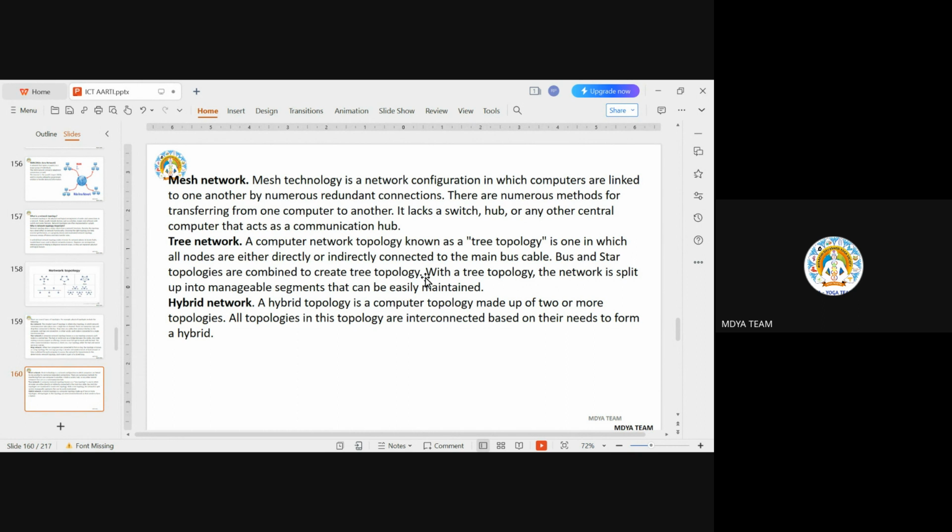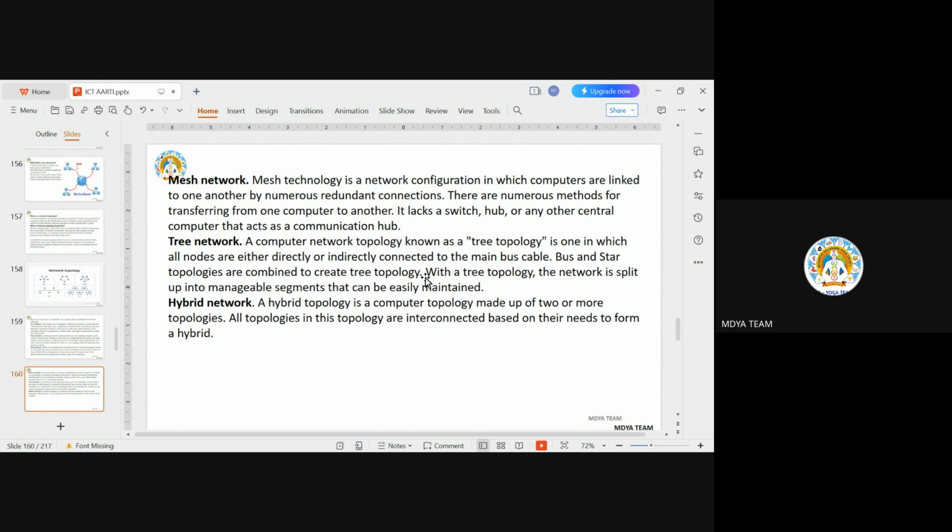Mesh topology is a network configuration in which computers are linked to one another by numerous redundant connections. There are numerous methods for transferring from one computer to another. There is no presence of a hub or switch.